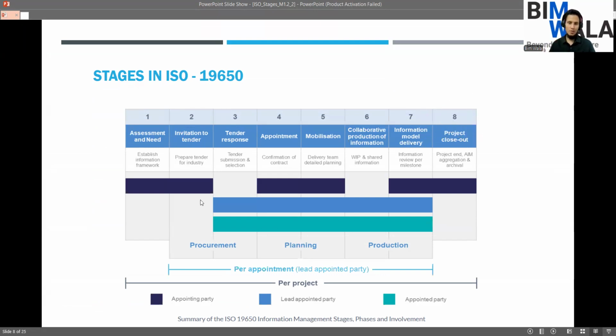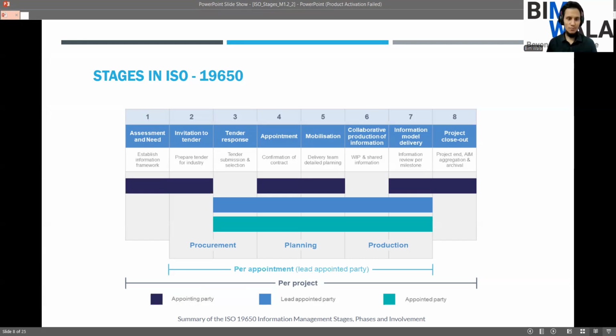In any project, if we want to implement BIM and we are following this ISO 19650 guideline for structure, process and protocol, then we need to undergo these many stages.